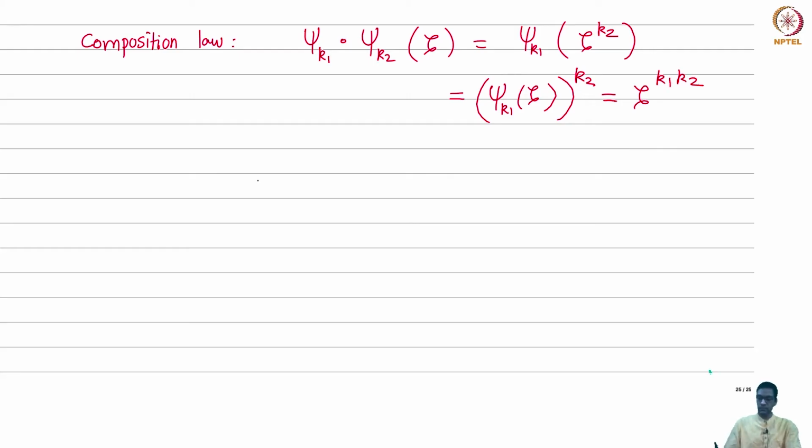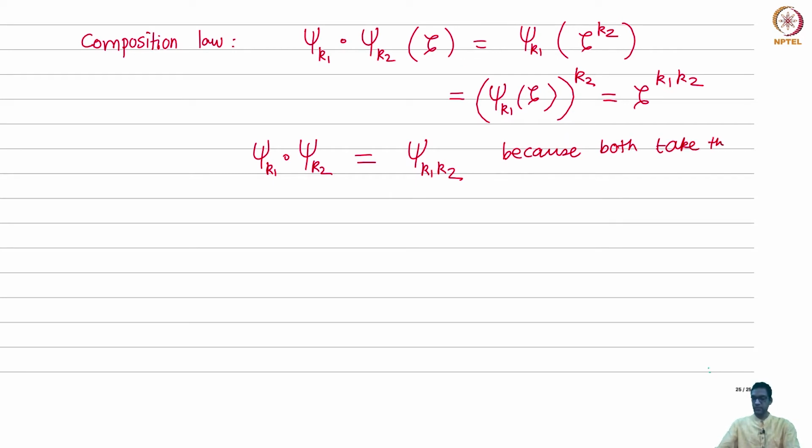Okay, so what is this? Well, therefore the composition psi k1, psi k2 must be the same as psi of the product k1 k2, because both take the same value on zeta.